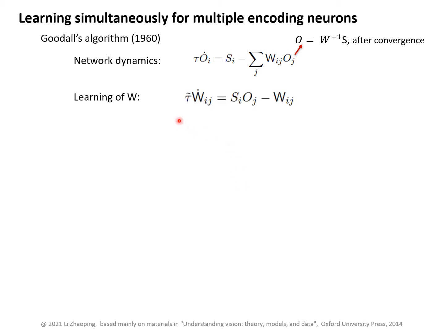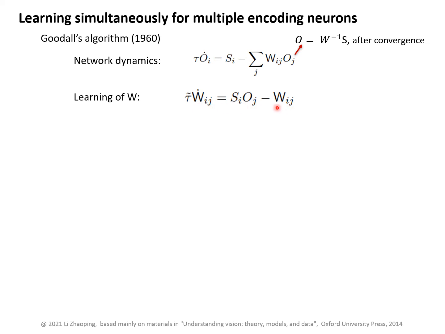Let's have this learning rule. For the weight to change, each weight Wij changes according to this formula. This Wij connects Oj with Oi. It changes first of all depending on this Si, which is direct input to Oi, and depends on the presynaptic activity Oj.